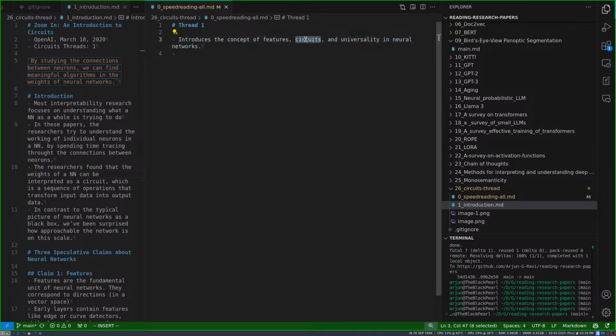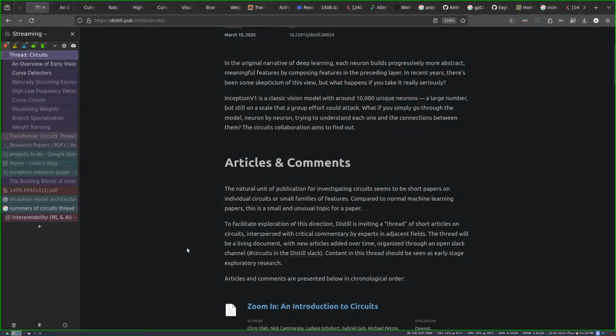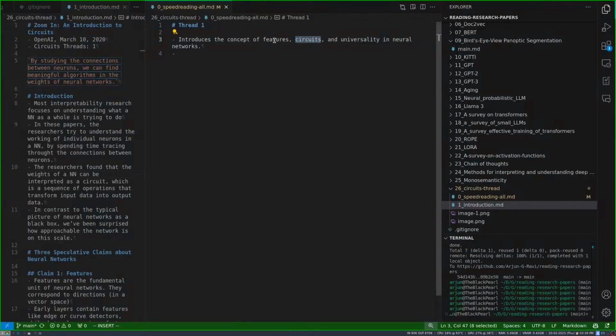I don't think there is a correct, explicitly defined difference between a feature and a circuit. It's more of, this is a circuit, this is a feature, and this one is a circuit. So that is circuits and features.